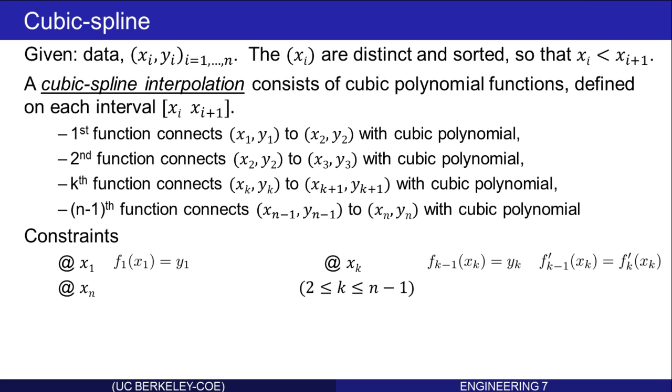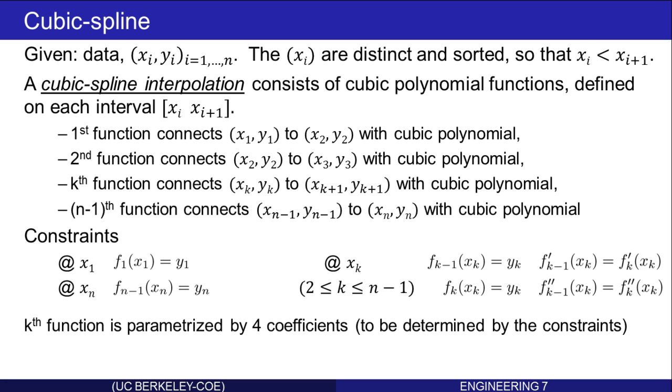The slope of the polynomial to the left of the data point and the polynomial to the right of the data point must be equal. The polynomial to the right of the data point must evaluate to the data. And finally, the second derivatives of the polynomials on the left and right of the data point must be equal. We'll look at a picture momentarily to see what these constraints mean. Finally, at the last data point, the last polynomial must evaluate to the data.